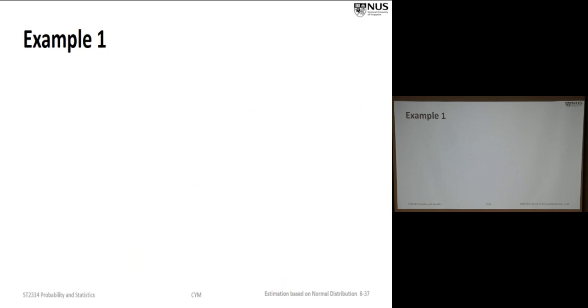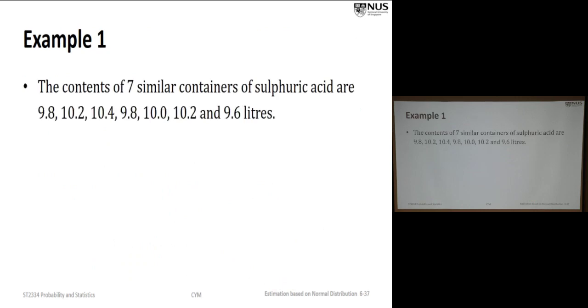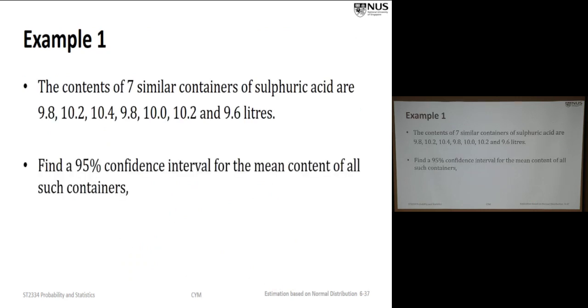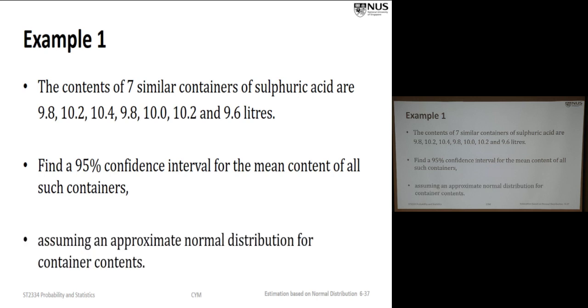Okay. So here is an example. I got n equal to 7, so it's very small. So you cannot use the central limit theorem. So I construct the confidence interval and make sure, all right, that x follows an approximate normal.